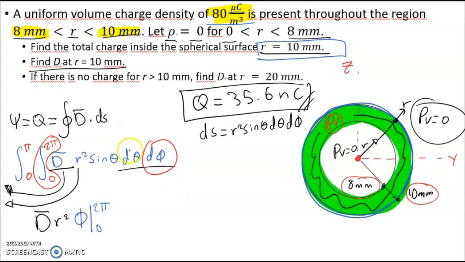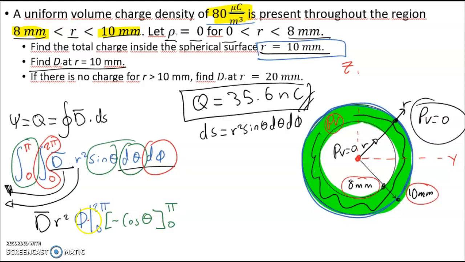The integration of sine of theta d theta from 0 to pi gives minus cosine of theta from 0 to pi. This becomes 2 pi and this becomes 2. That means we will have D radius squared 4 pi equals my charge. This is just a matter of solving for D.